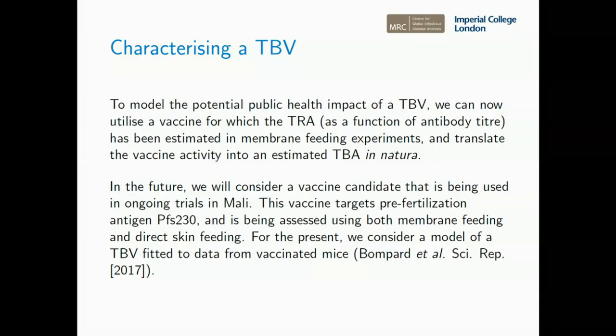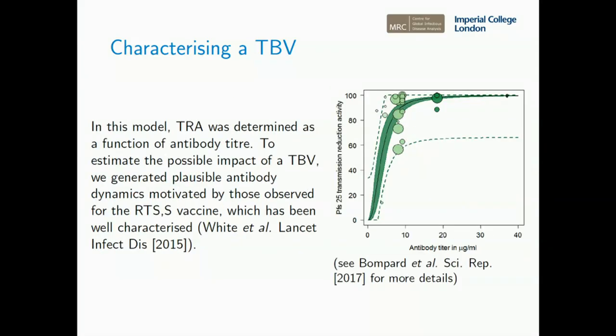To get the ball rolling, we're using a simpler model fitted to data from vaccinated mice that was published a couple of years ago. So this is what the TRA model in that study looks like. This is TRA as a function of antibody titer. This candidate was a PFS25 candidate.